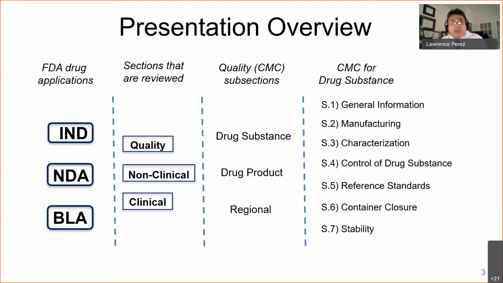For my presentation this morning, we're just going to talk about some of the issues that we have discussions with sponsors and applicants regarding the manufacturing, the characterization, and the control of the drug substance as part of the CMC package for the drug substance.